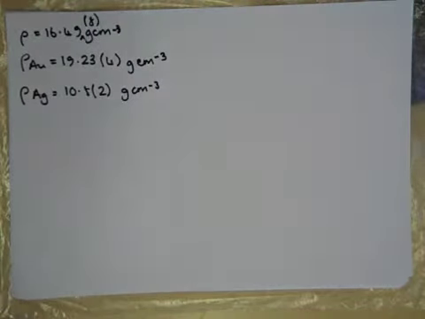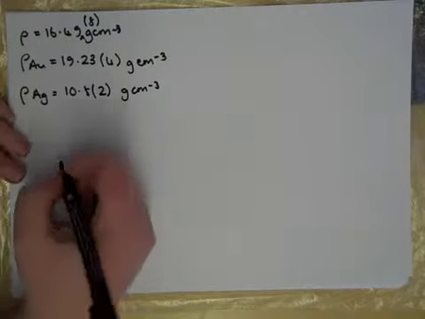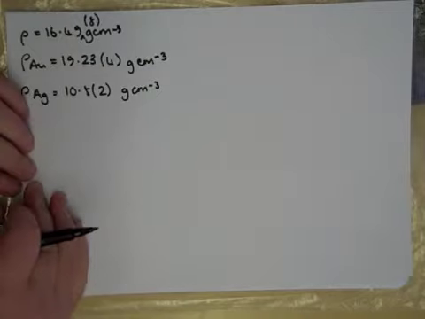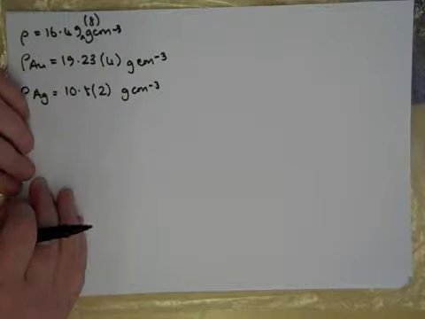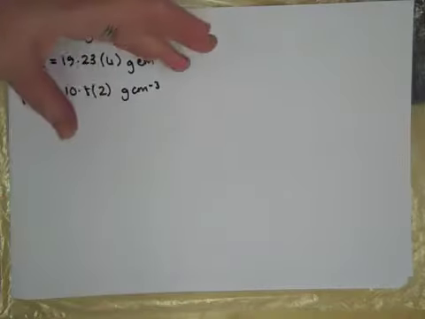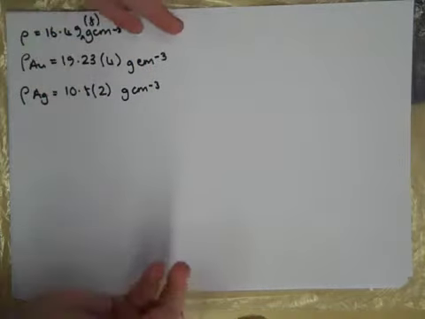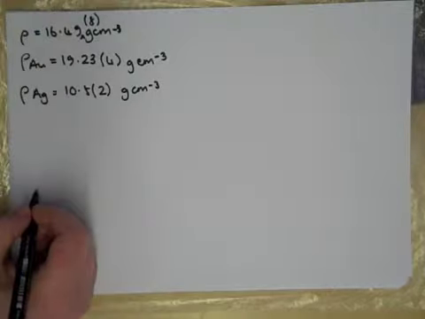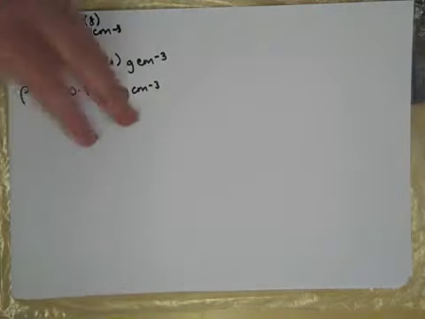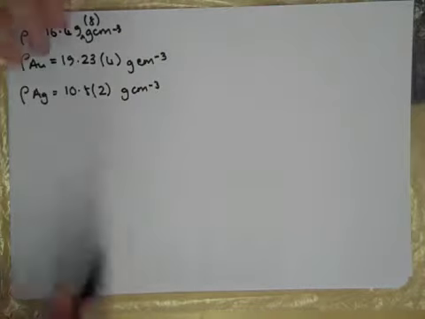So now, the actual problem-solving part of the problem. The density of the material is a combination of the density of the gold multiplied by the proportion of the gold and the density of the silver multiplied by the proportion of silver. And I know overall the proportion of the materials has to add up to either 100% or 1.